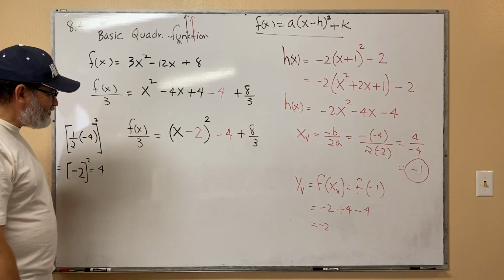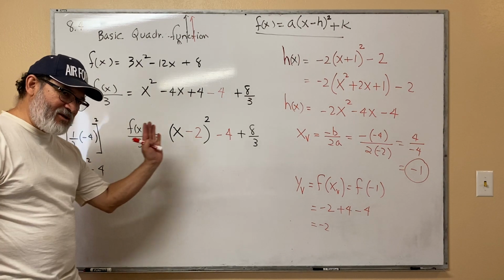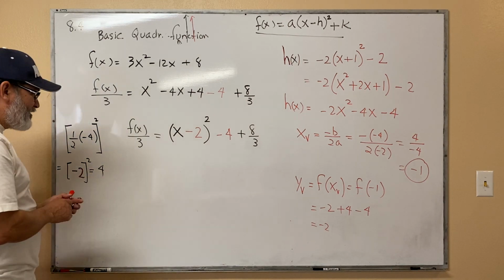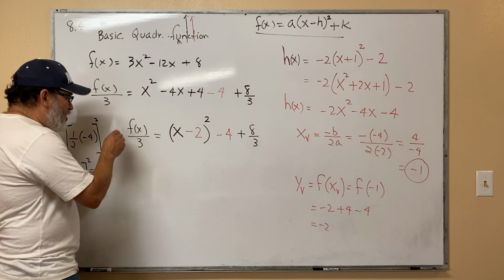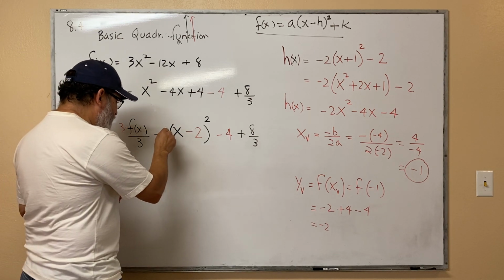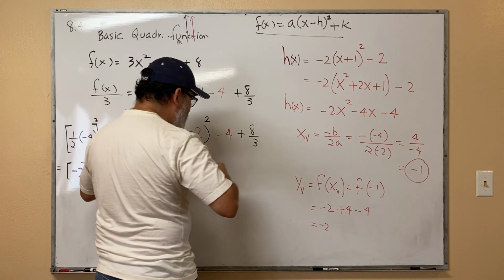Now, I want to get rid of this 3 here. So I multiply everything by 3. Everything by 3, guys. Multiply this by 3. Multiply this by 3. Multiply this by 3.